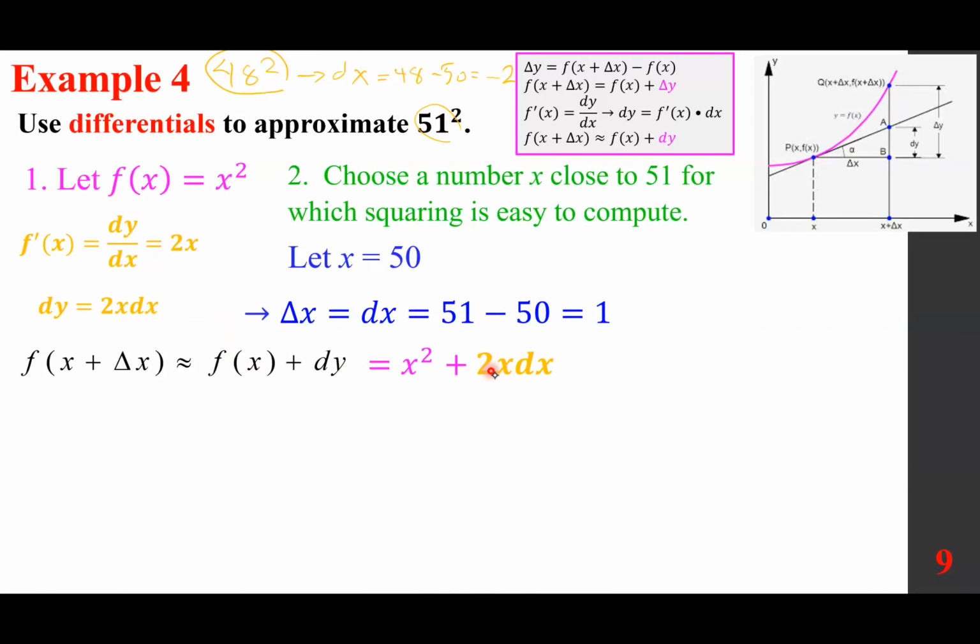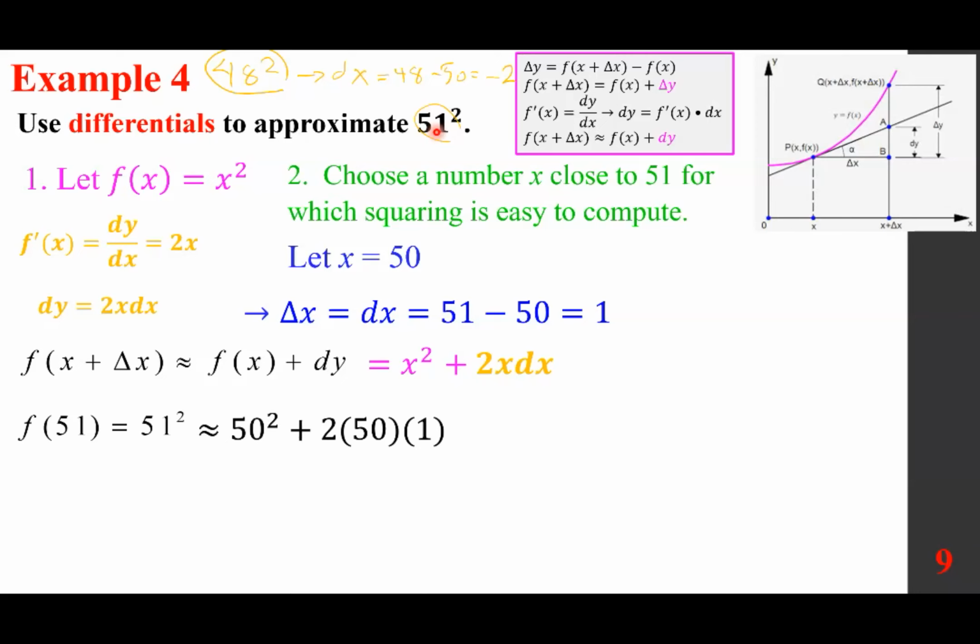Therefore, f of 51, this is 50 plus 1. F of 51, or 51 squared, can be approximated by this formula, where x is 50, same thing here, and dx is positive 1 because we are going up to 51.